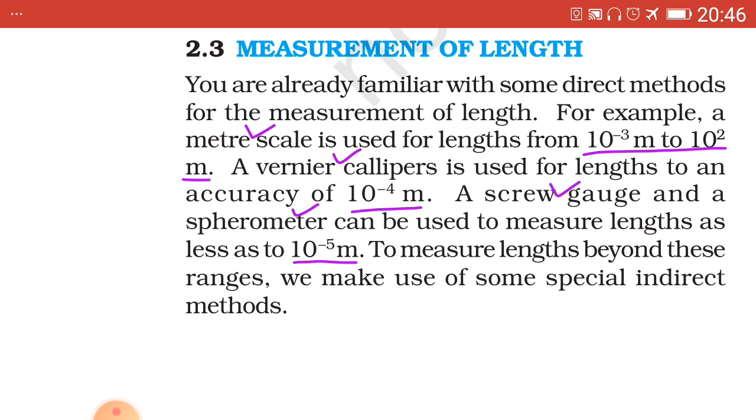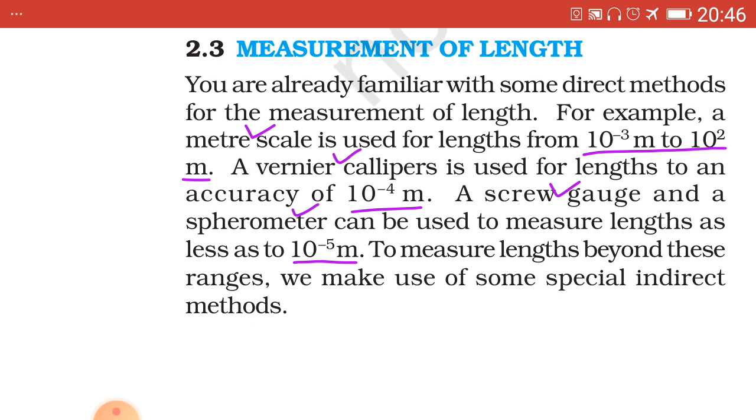We have seen that 0.1 centimeter is the least count of the scale, which is equal to 10 raised to minus 1 centimeter. Now 1 centimeter is equal to 10 raised to minus 2 meter. So this will come out to be 10 raised to minus 1 into 10 raised to minus 2 meter, which is equal to 10 raised to minus 3 meter. The larger scale is 10 raised to 2 meter, means 100 meter. Up to 100 meter we generally measure.